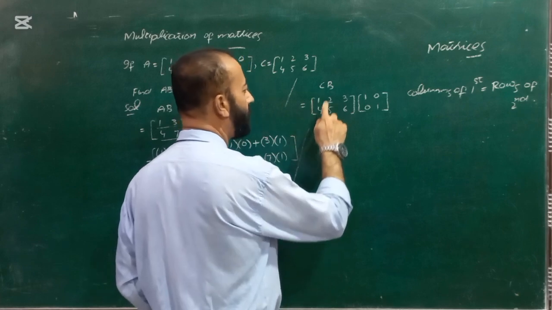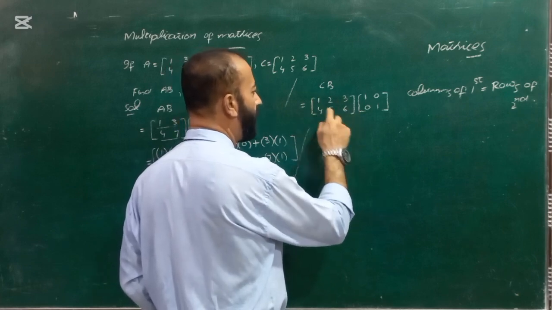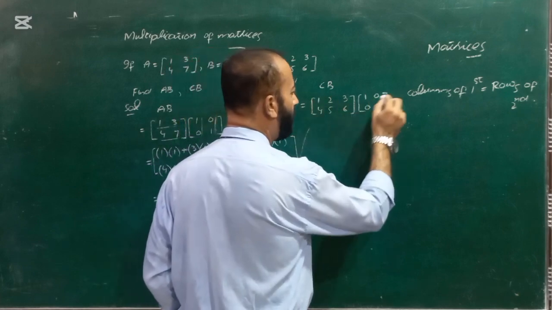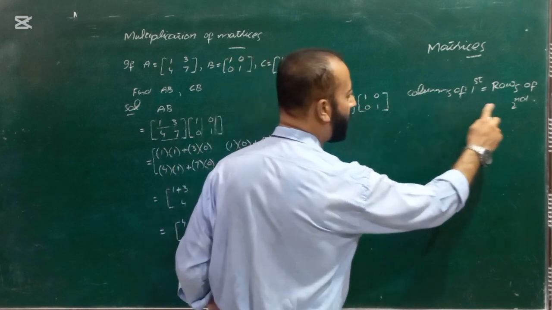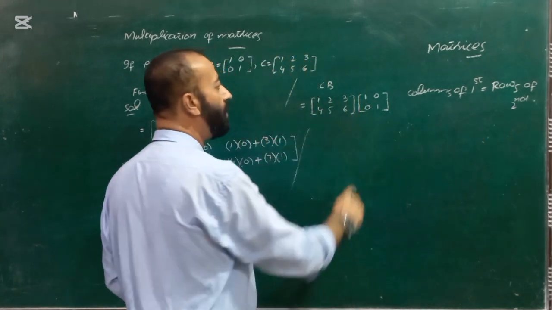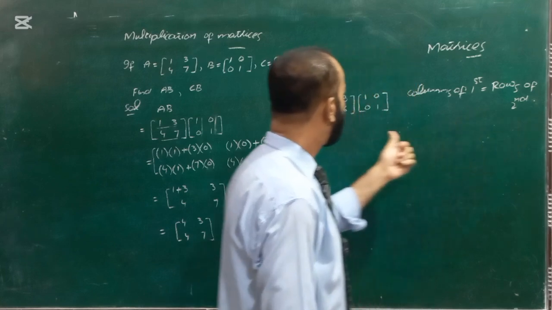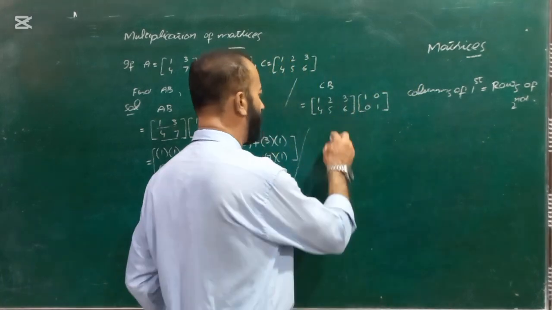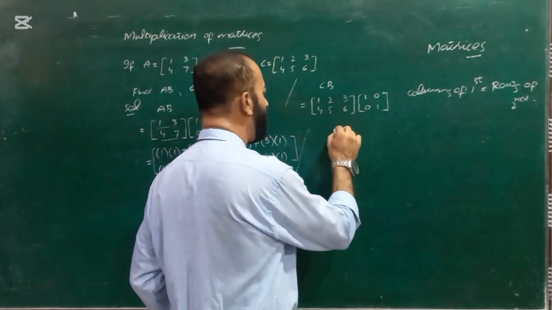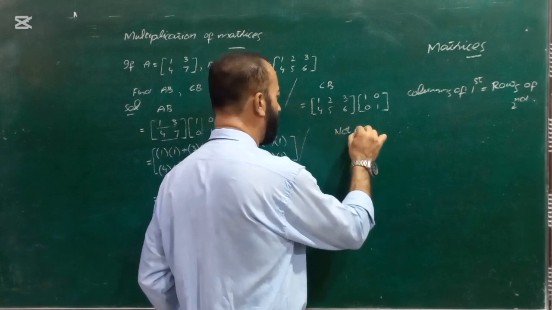So the columns of the first matrix are 3 and the rows of the second matrix are 2. Because this rule is not holding, that's why it is not possible. So CB is not possible.